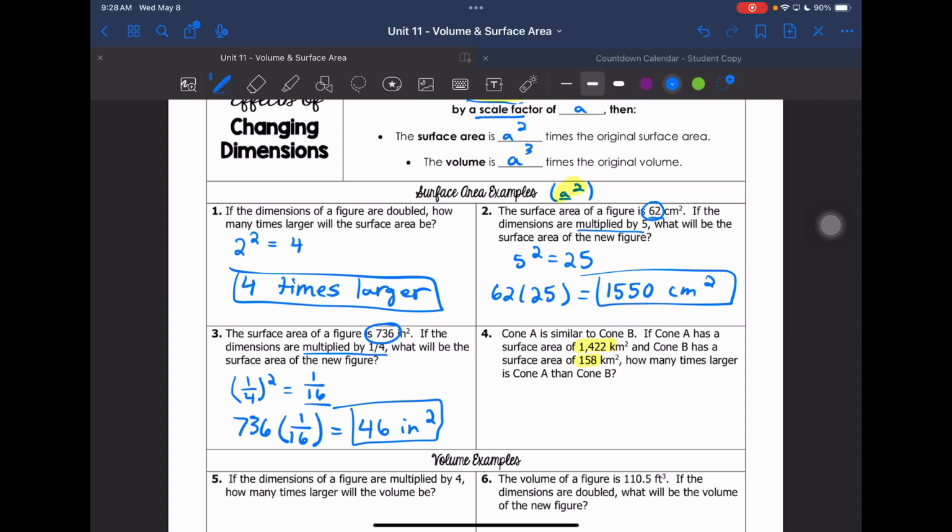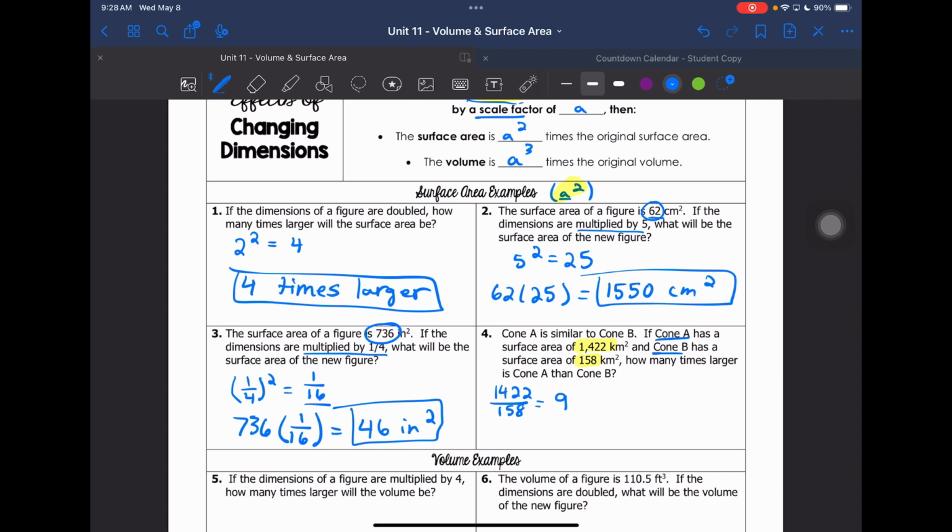This is talking about their surface area. So if we divide these, take 1422 over 158, that gives you 9. So that means that the surface area of cone A is 9 times larger than the surface area of cone B.